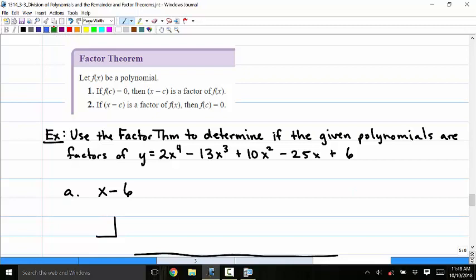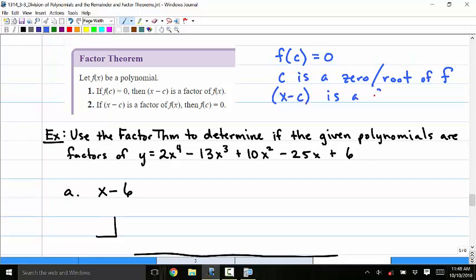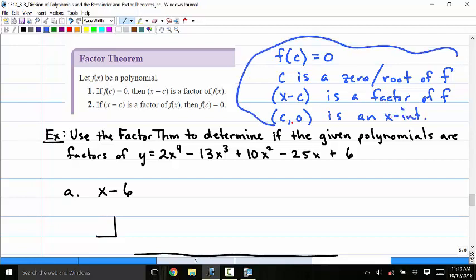So all the things that you know: if f of c equals 0, then c is a 0, or we can call it a root. And we know that x minus c is a factor. And we know that (c, 0) is an x-intercept. All those things say the same thing.